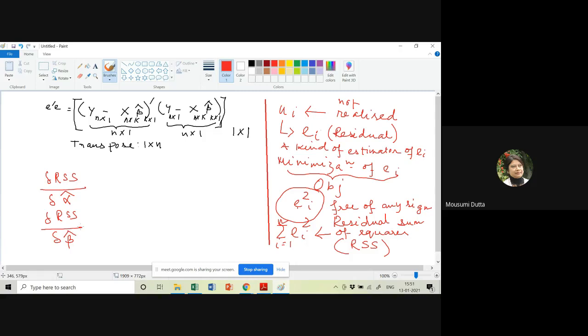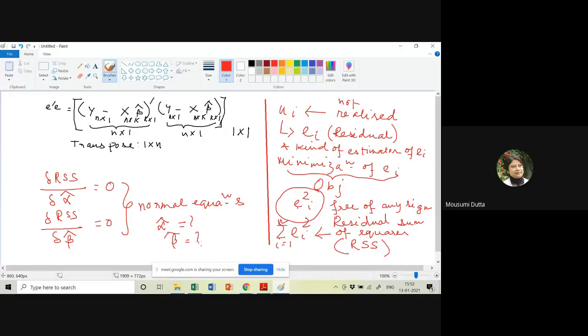We considered del RSS by del alpha hat, and using the first order condition of minimization, we set this equal to 0, and we get the normal equations. Solving these normal equations, we get the values for two unknowns. Okay, can you remember this concept? Yes, ma'am.